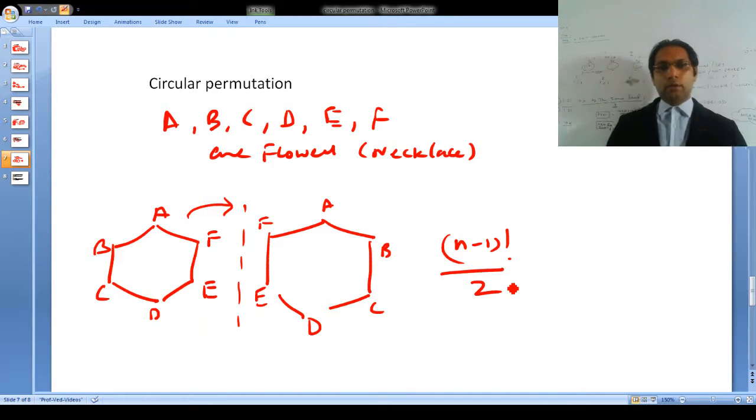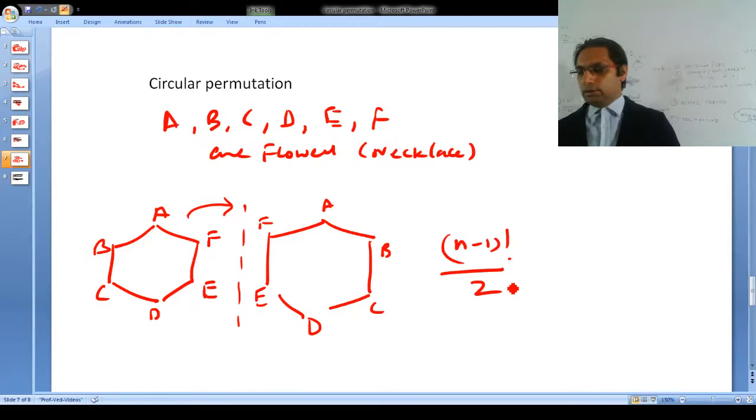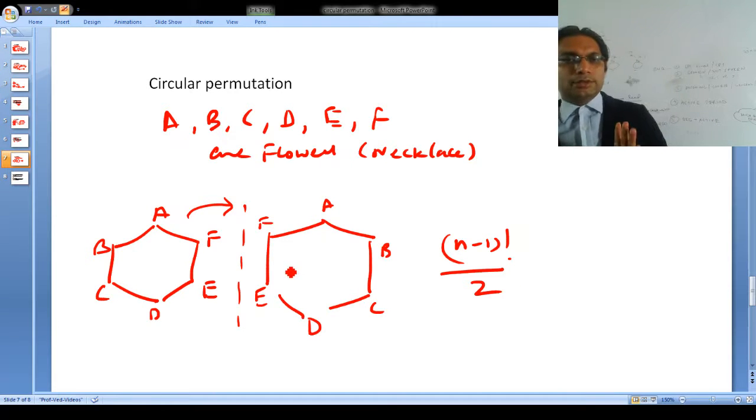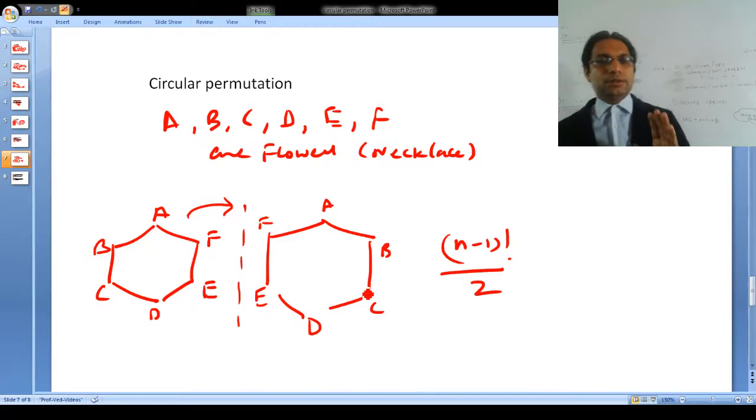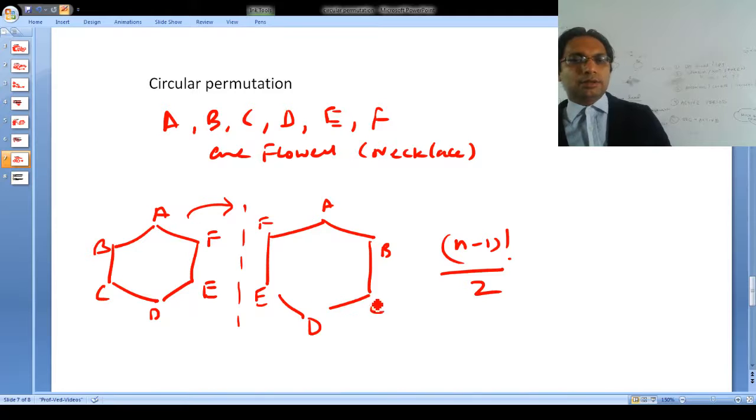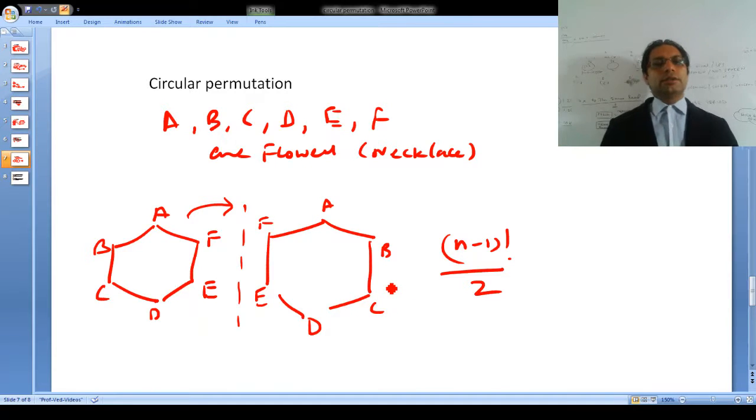Even otherwise, there are 2 cases all the time when we do circular permutation where my neighbors are the same, C and E in this case, E and C in this case. The only thing is that one is sitting on the left in this case, the other one on the right, but they both have the same neighbors.